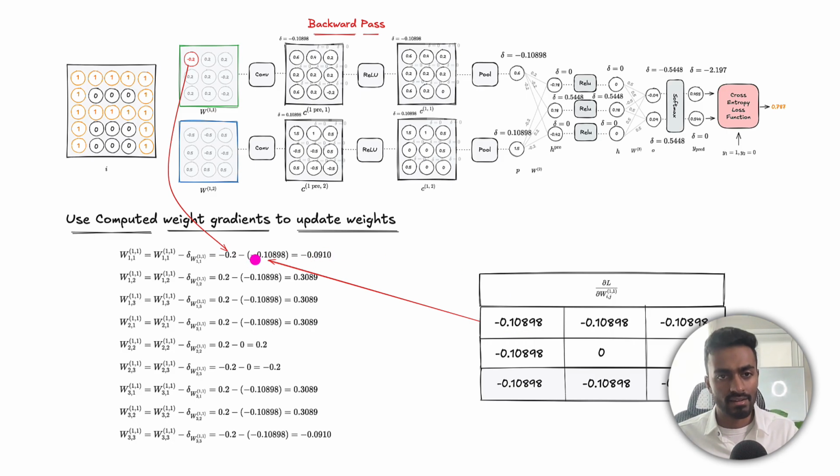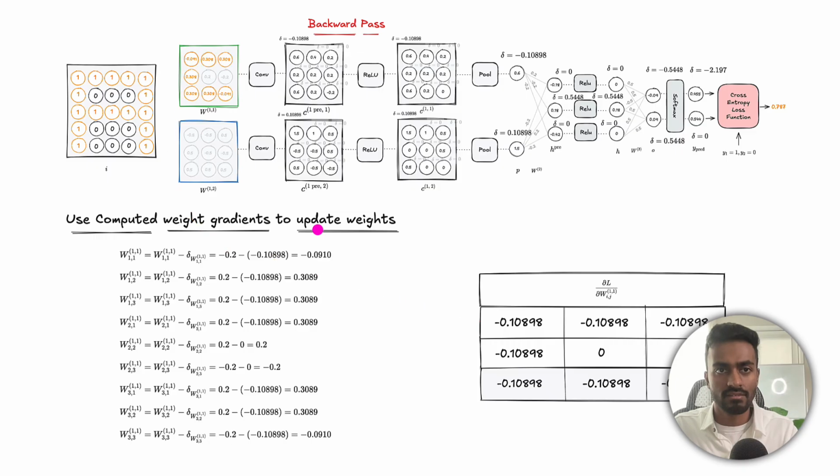And doing that subtraction, you'll get negative 0.091. And similarly, we can do this for each of these weights over here in this 3x3 grid, how they are going to update. They are given by values right over here. And we can just write them out individually here just to see what they look like.